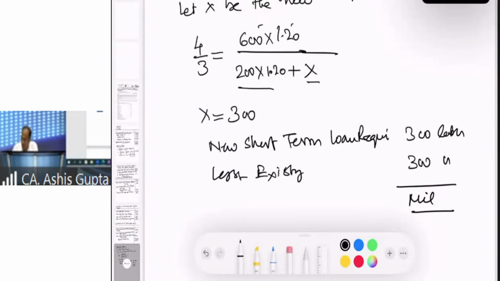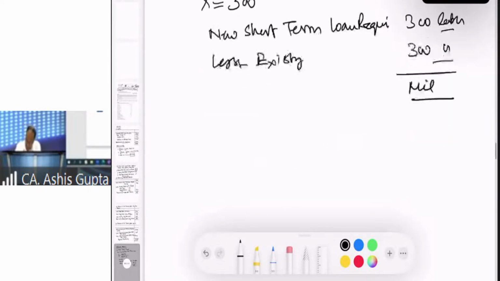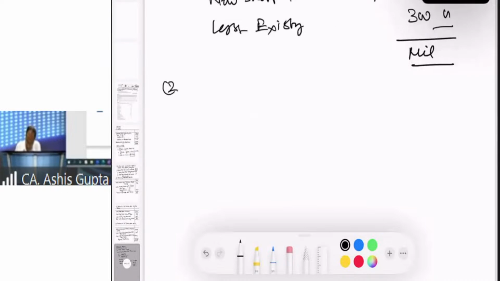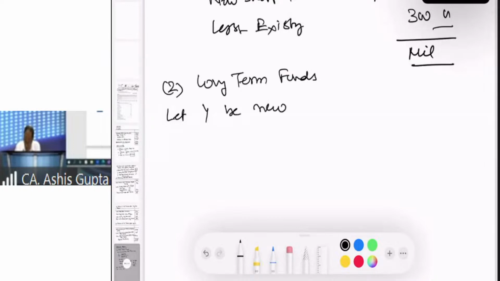Students, here new short-term loan funding required is 300 and existing is 300, so there will be nil requirement. Now we are coming to the second requirement, that is long-term funds. Let y be the new long-term funds requirement.